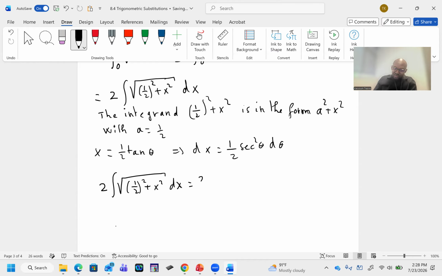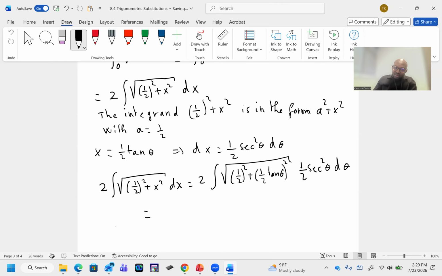So it will be 2 times square root of 1/2 square plus x, which is 1/2 tangent theta squared, times dx, which is 1/2 secant square theta d theta. That's my dx, right? So this 1/2 and this 2 will cancel out, so it will be 1.